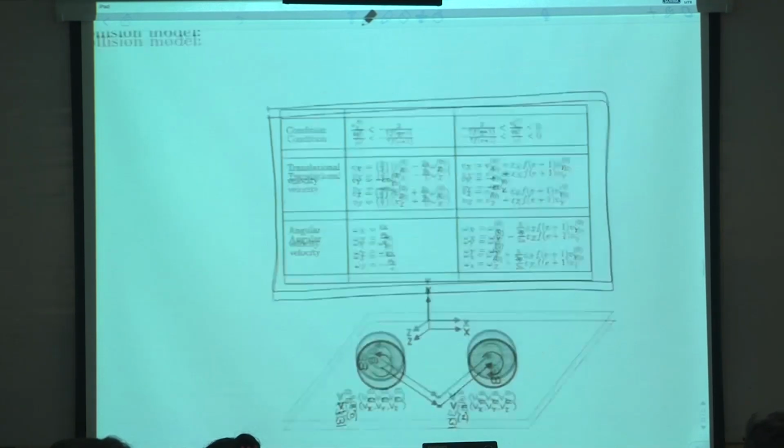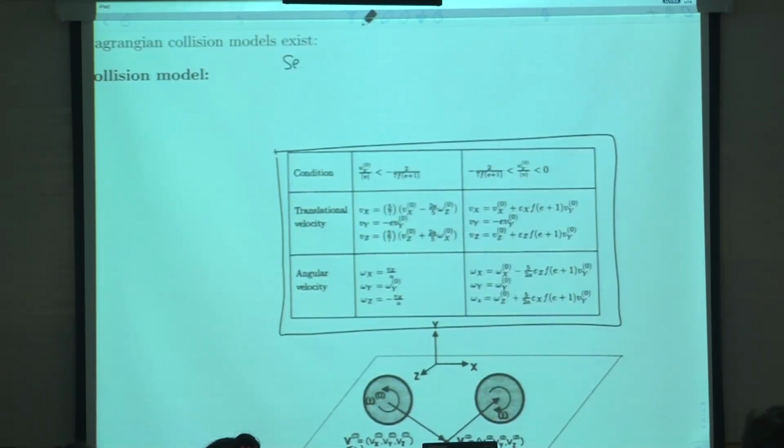So in the general sense, the setup for the problem will be this. 6 equations. Three for the translational motion.